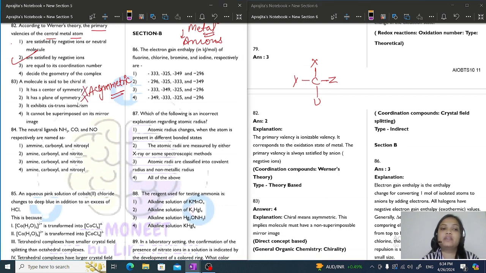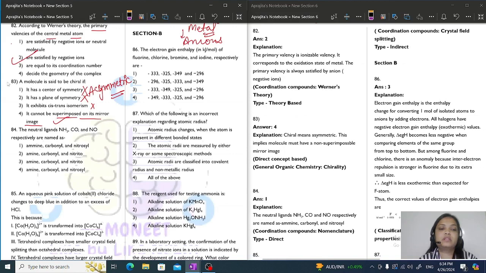It does not have any plane of symmetry, and cis-trans isomerism is not important. The molecule is said to be chiral if it cannot be superimposed on its mirror image, because since it is not symmetrical, it cannot be superimposed on its mirror image. So that is going to be the answer. It means they are non-superimposable mirror images.